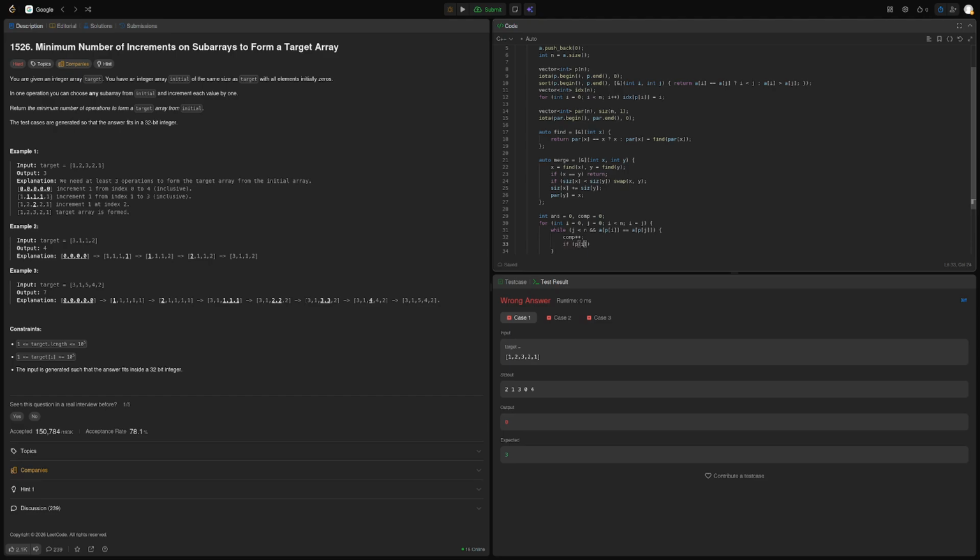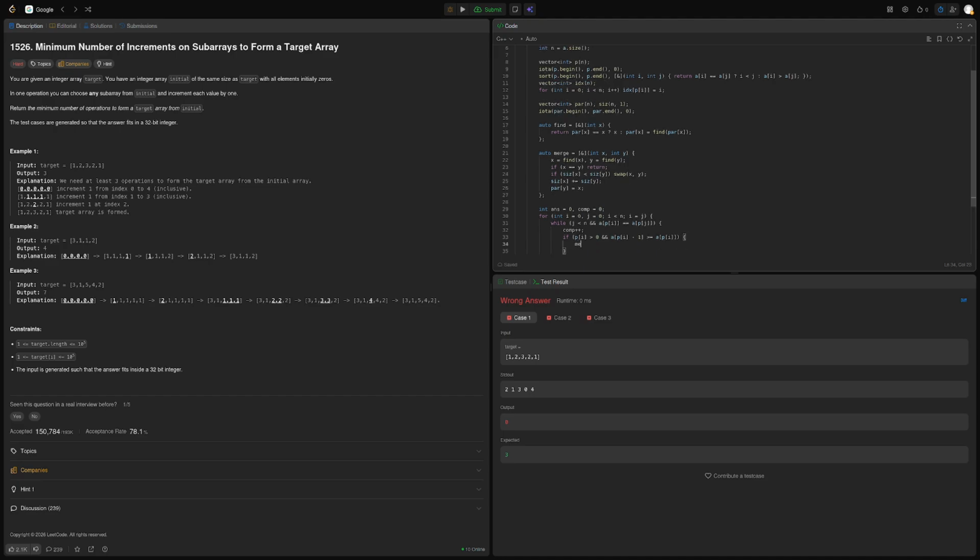And now if p[i] > 0 and a[p[i] - 1] is larger than or equal to a[p[i]], then we want to merge. So merge p[i] - 1. Yeah, that's fair. Okay, so I merge.